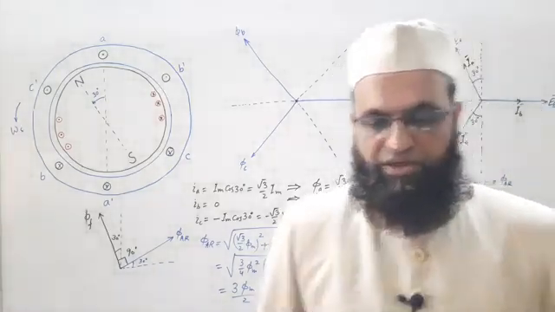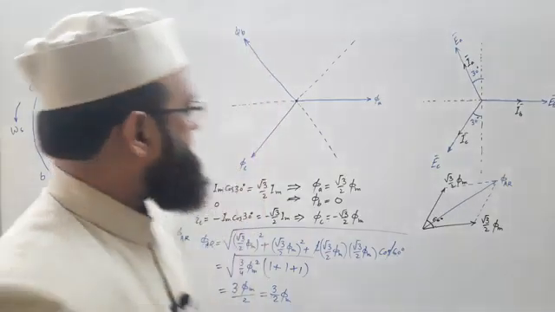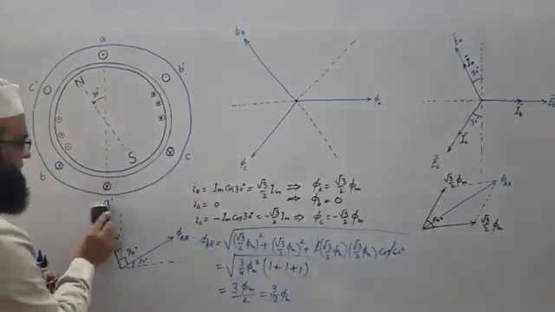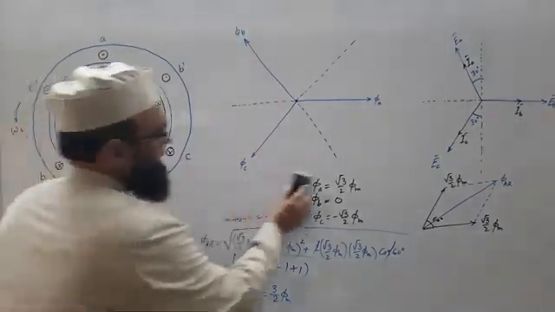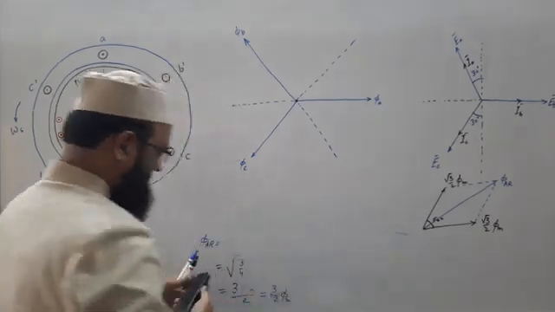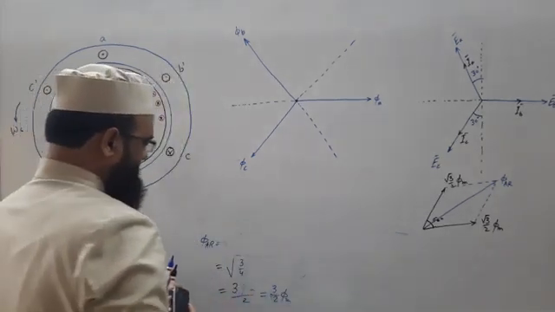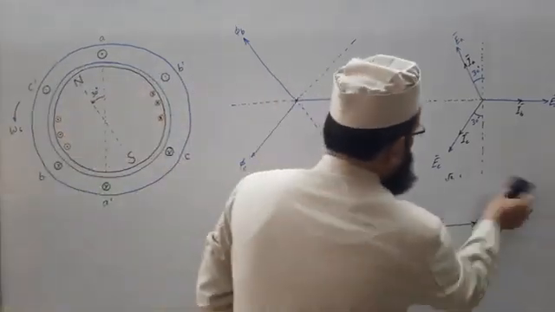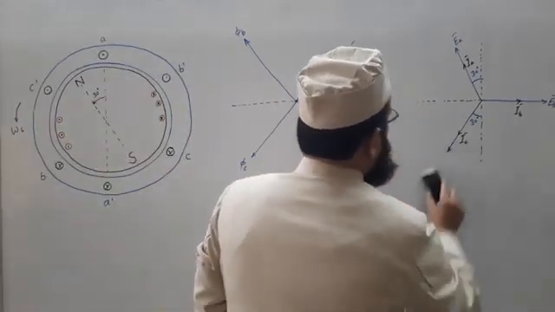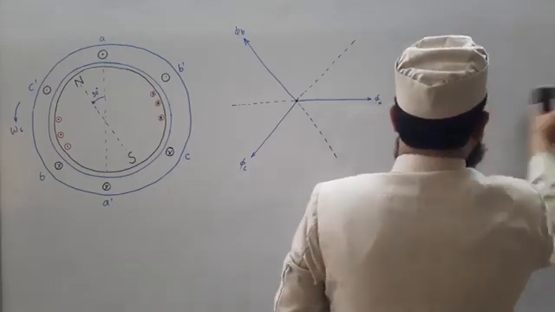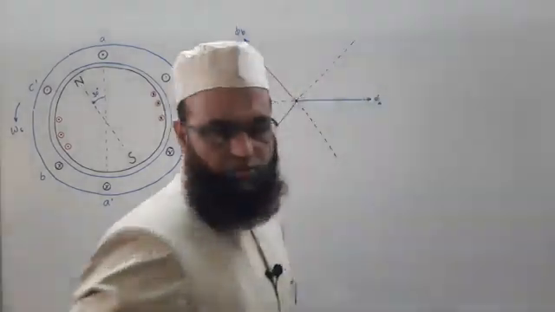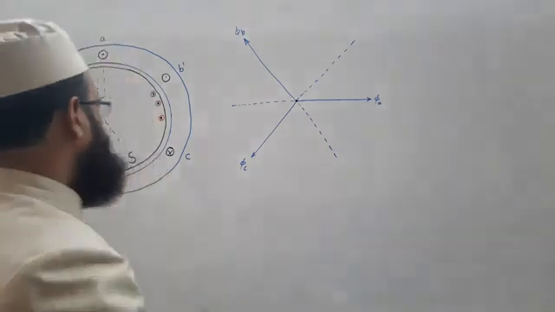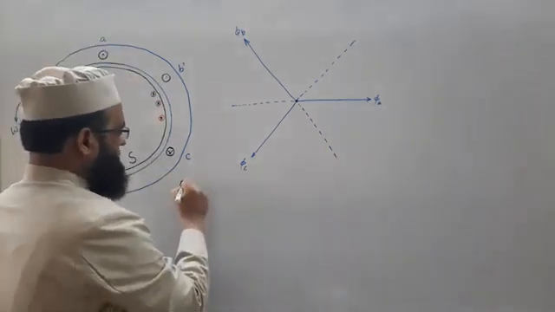Now come to the next case. So far we have discussed case 1, that is unity power factor. Now take any lagging or leading first. So take lagging power factor first. So write here case 2.